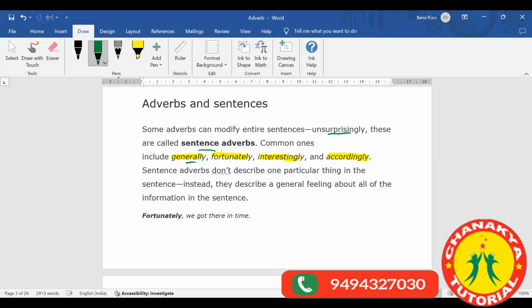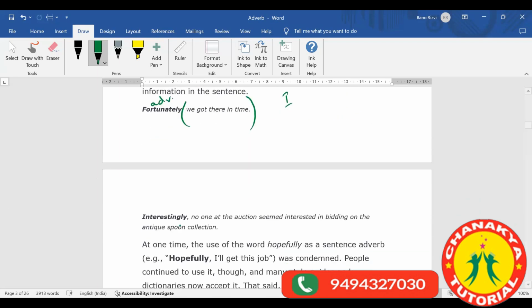Like I say, I generally don't like cats. This is describing the entire sentence, what I feel about cats, right? Fortunately, we got there in time. We got there in time is an entire sentence on its own, but we are adding fortunately. Interestingly, no one at the auction seemed interested in bidding on the antique spoon collection. So we are starting the sentence here with an adverb.